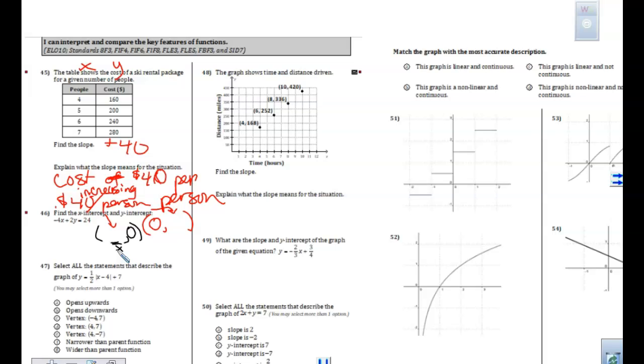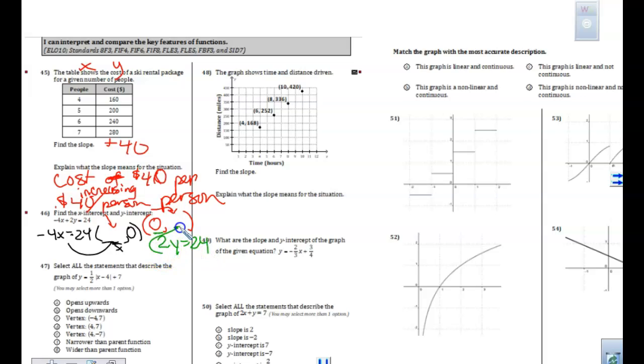So if you get stuck on the final and you're trying to find the X and Y intercept, if I go to this one and plug in Y as 0, I get negative 4X equals 24, and it's pretty easy to find that, right? And in this question, I replace the X with 0, and I get 2Y equals 24.